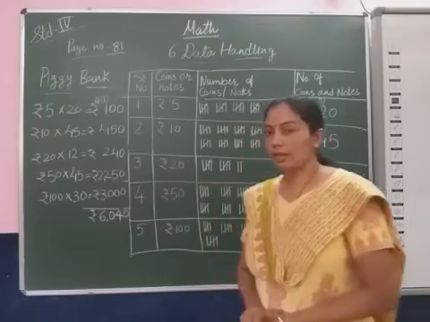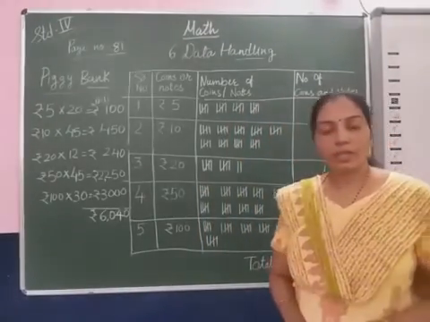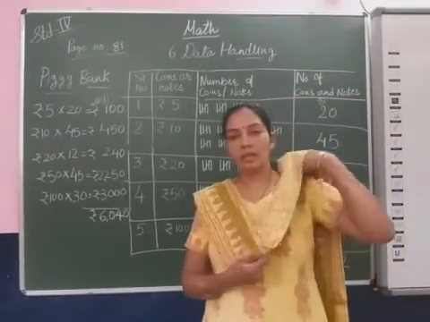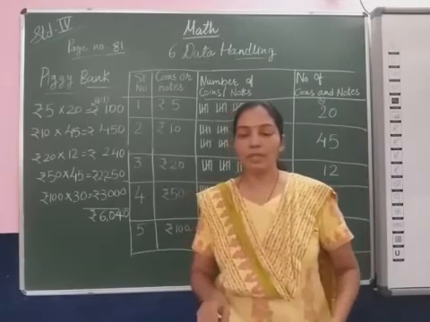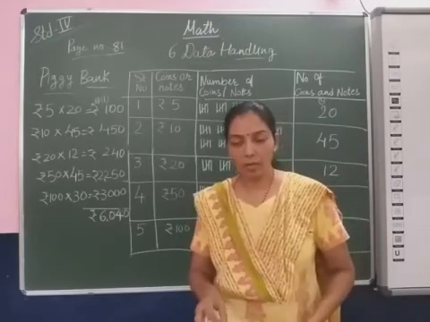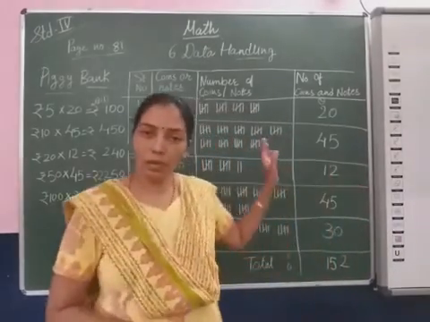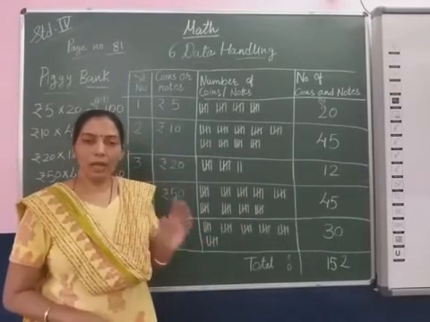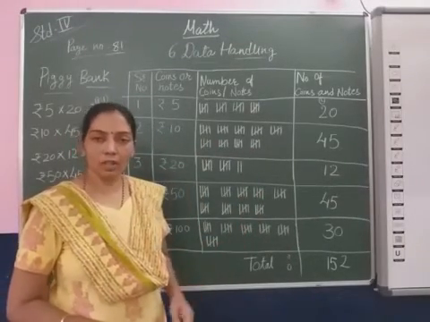So here students, don't make a mistake about why the total number of rupees is written here. We are asking for the amount, not the number of notes. Okay, so be clear while you are reading the question.